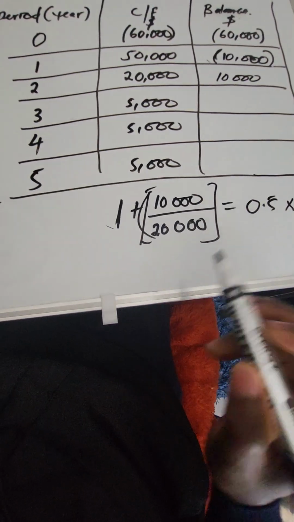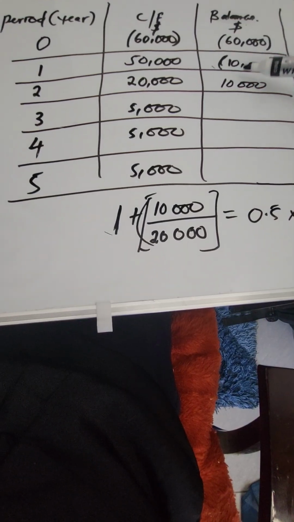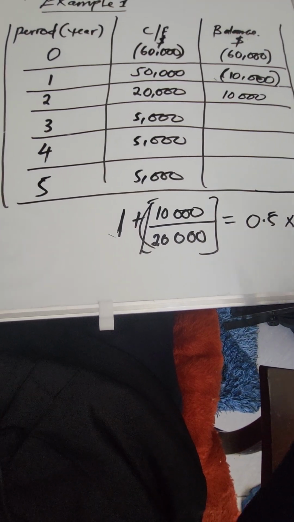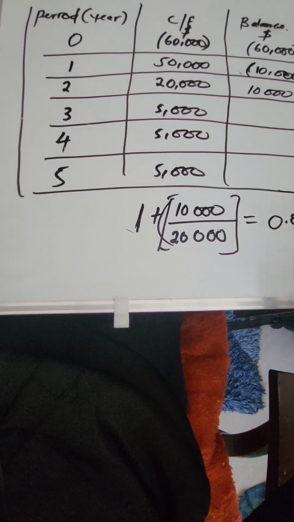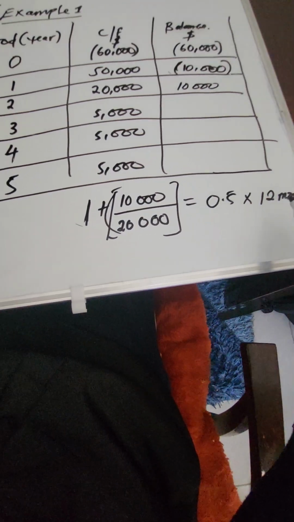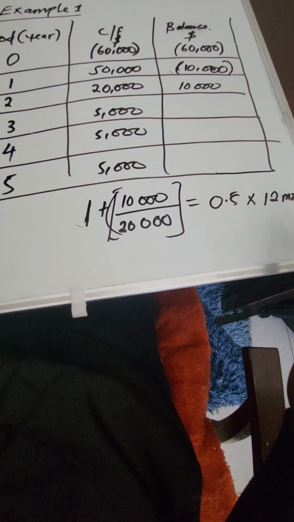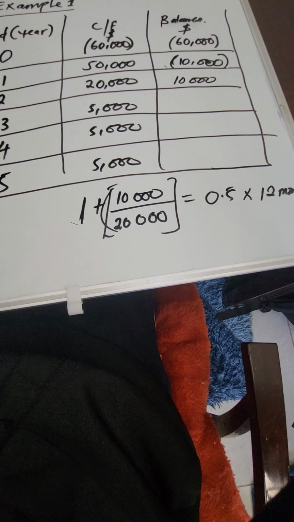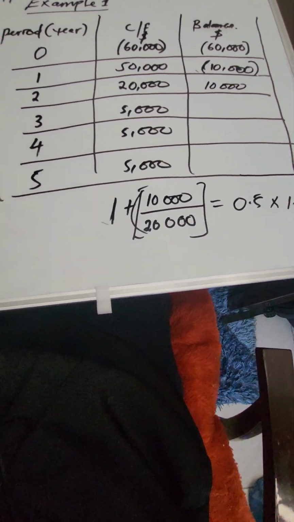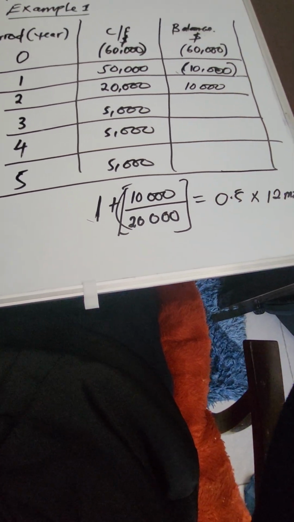right? Because it's in between this time frame, so it's not necessarily a year, right? It's less than a year. And so since in a year we've got 12 months, that's the reason why we're multiplying this 0.5 by 12 months, right? In order to know exactly how many months plus the 1 year that we've already gotten from our data given there.